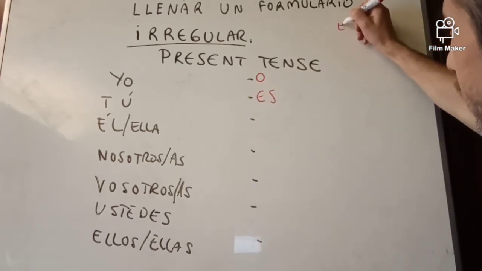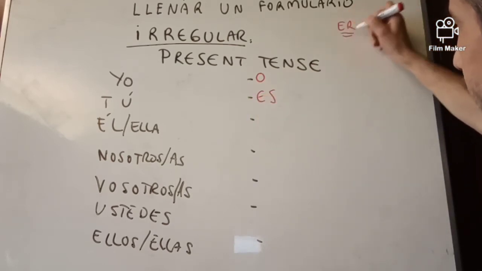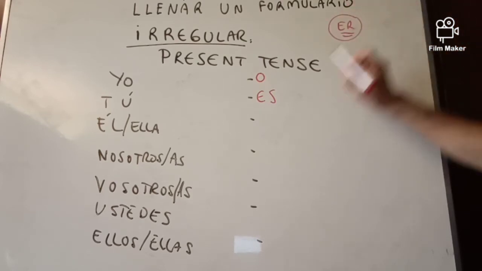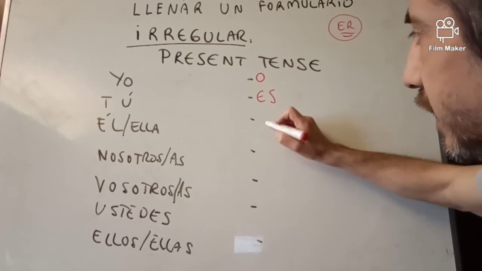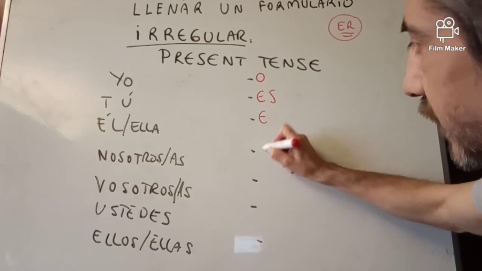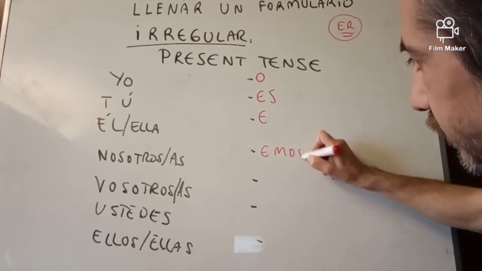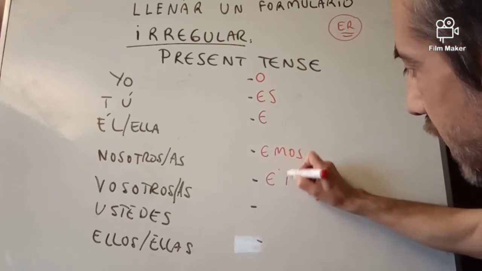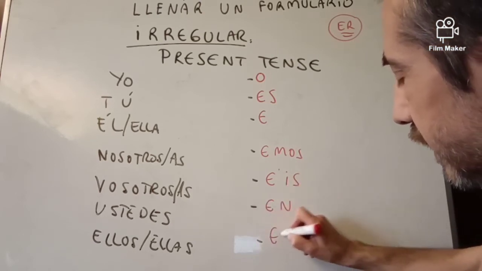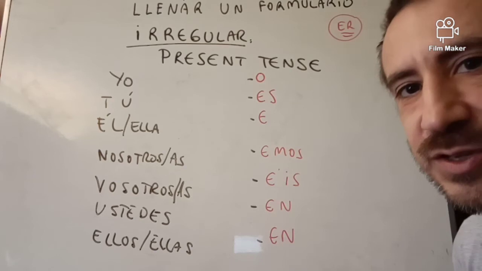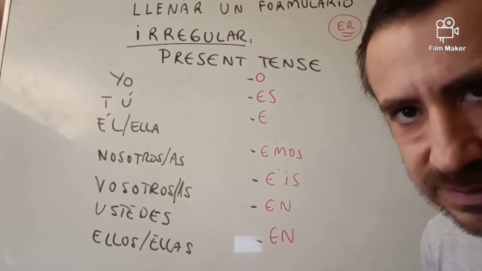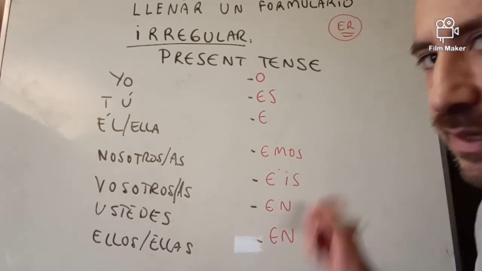Remember that it's poder, so it belongs to the second group. Él, ella, emos, éis, en. Do you remember what we saw the other day as regards endings?